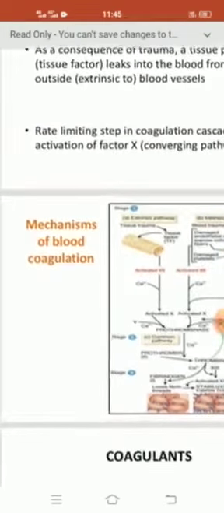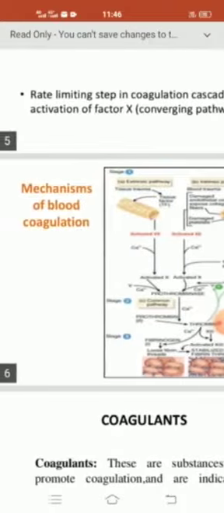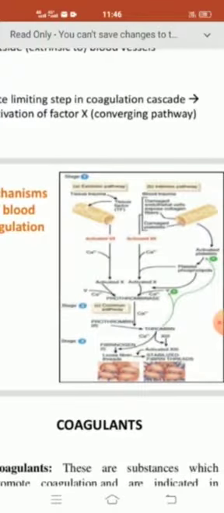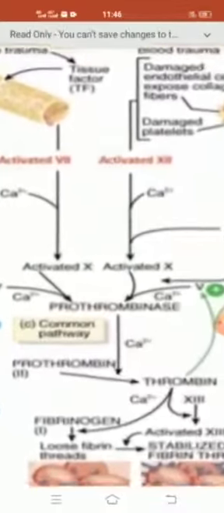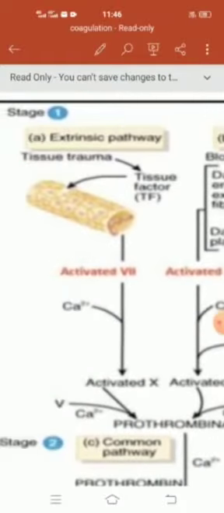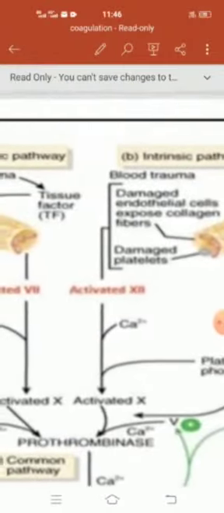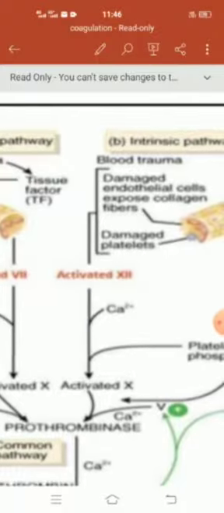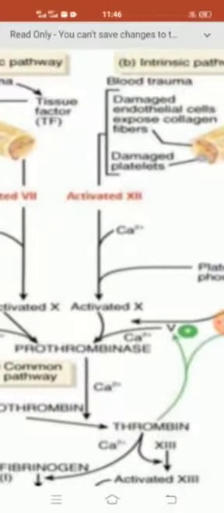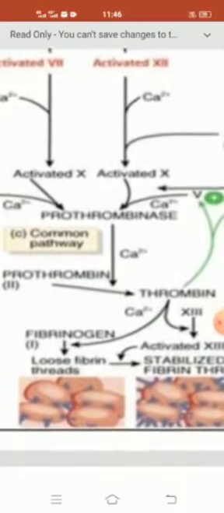So here we have a small chart to depict the mechanism of blood coagulation. This is just for your understanding. This is the extrinsic pathway, this is the intrinsic pathway. You can see the various calcium ions, how they are involved.